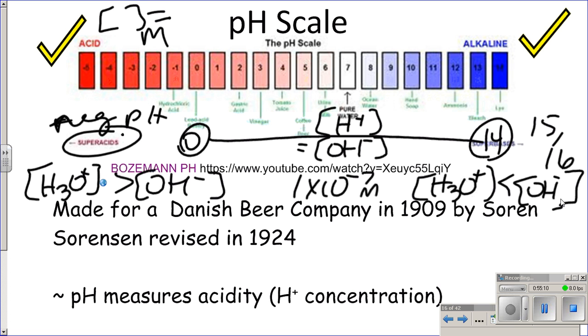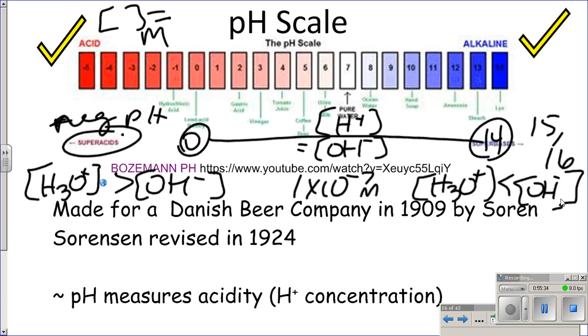It's for you too. So on this one, hydronium, give me a number that it could be. 1 times 10 to the... It's got to still be negative, okay? If hydronium is greater, it's going to be greater than 1 times 10 to the negative 7th, because the middle point is where they're equal.